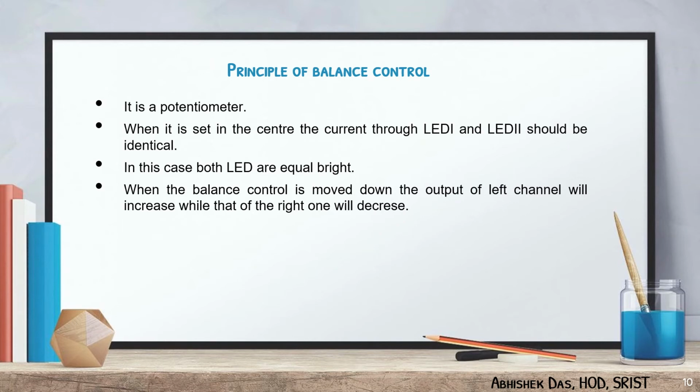If the signals in the left and right channels are equal, the LEDs will be equally bright. In case of any inequality, the two brightnesses will also become unequal. When the balance control is moved down, the output of the left channel will increase while that of the right one will decrease, and vice versa.